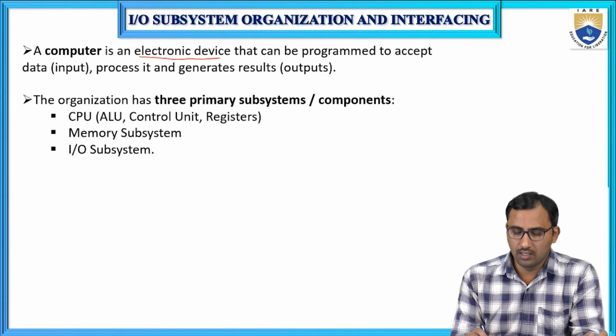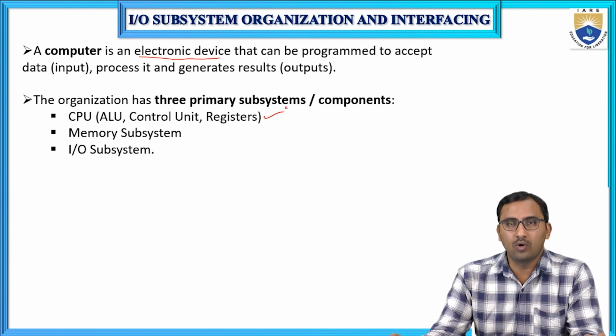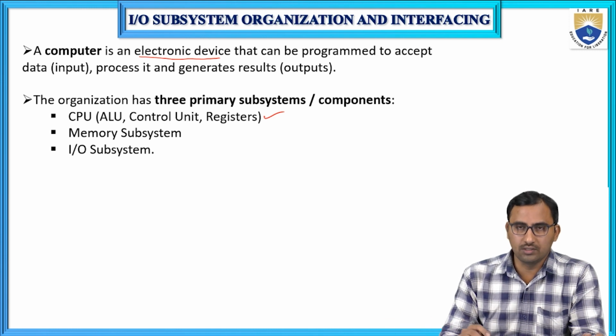The first one is the CPU, Central Processing Unit. The CPU consists of three internal functional parts: the ALU, Arithmetic and Logical Unit, the Control Unit, and the internal registers.